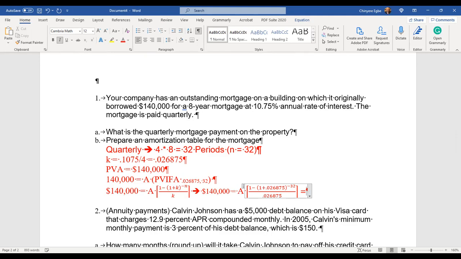So 1.026875 to the power minus 32 is 0.427993. Then 1 minus 0.427993 gives 0.572007. All right, so now this is what you have.